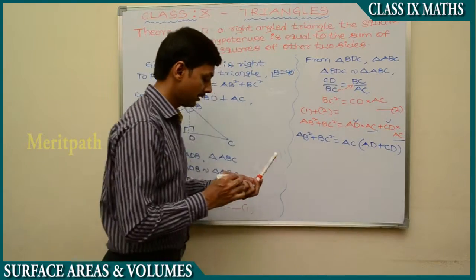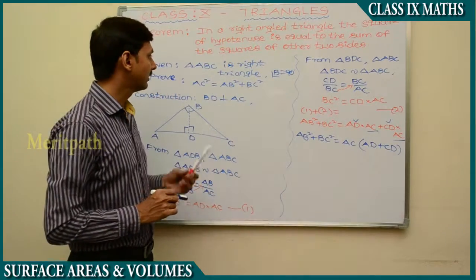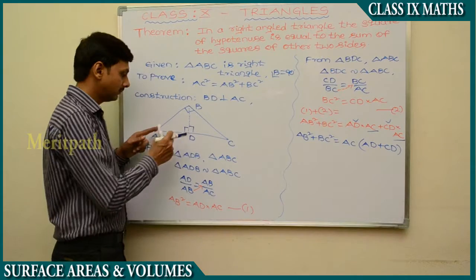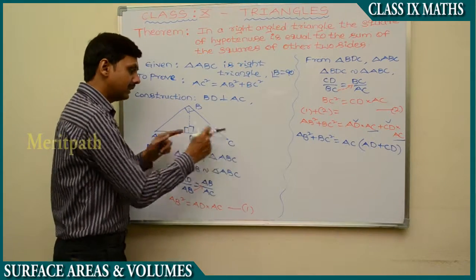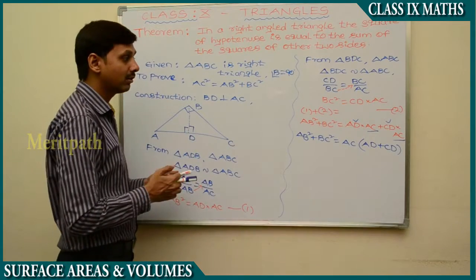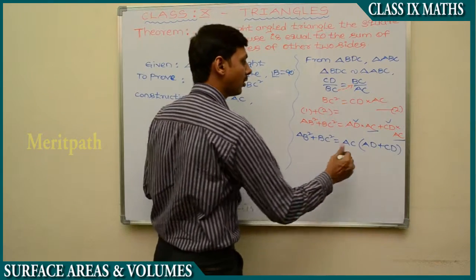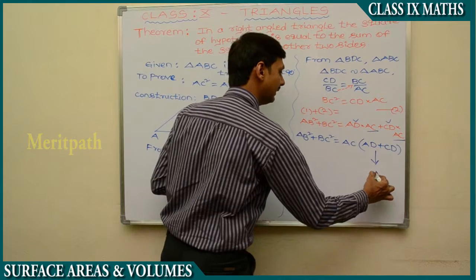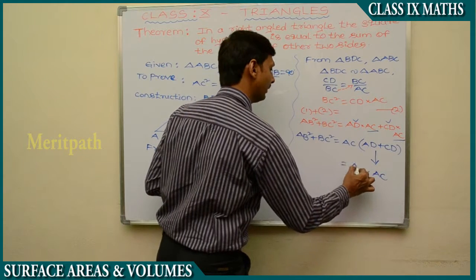But AD plus CD, let's observe the diagram, AD plus CD is nothing but AC. So in place of AD plus CD, we can write AC. There is one more AC here.